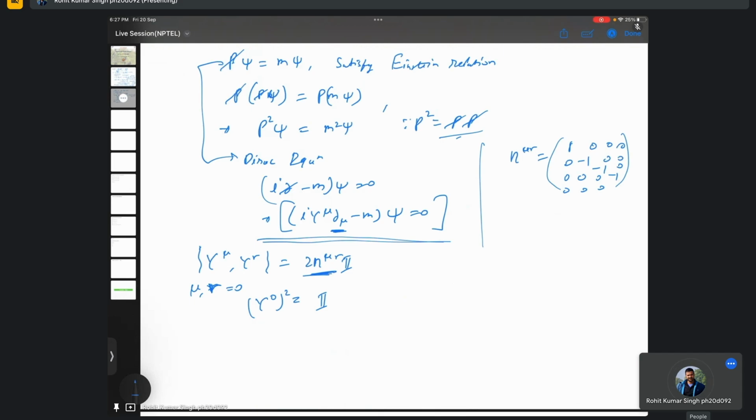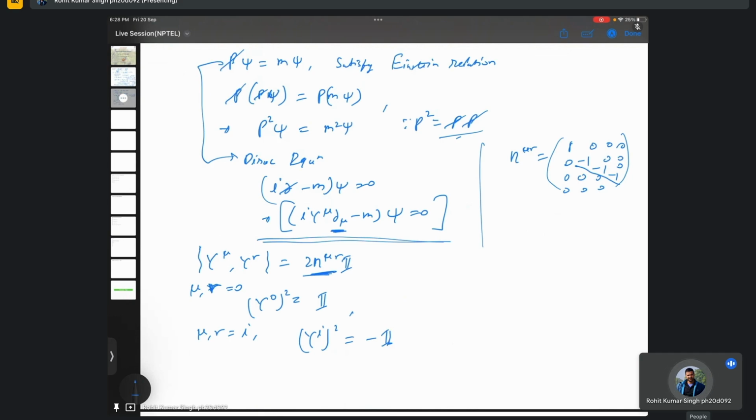And this will have a 2 factor, so the 2 cancels out. And then if you put mu nu equal to i, then you will get gamma i square equal to minus 1, because for mu nu not equal to 0, you have minus 1 in the metric tensor, right?